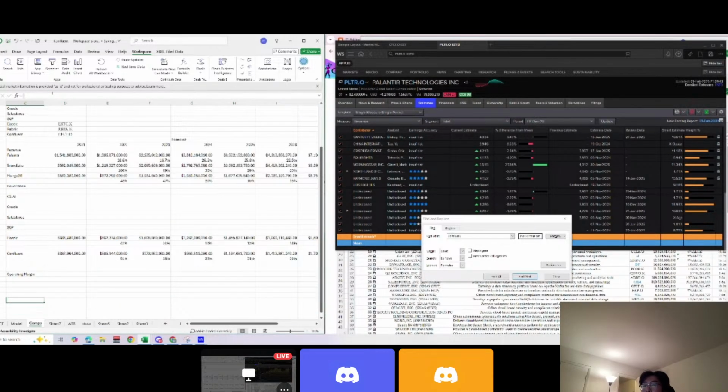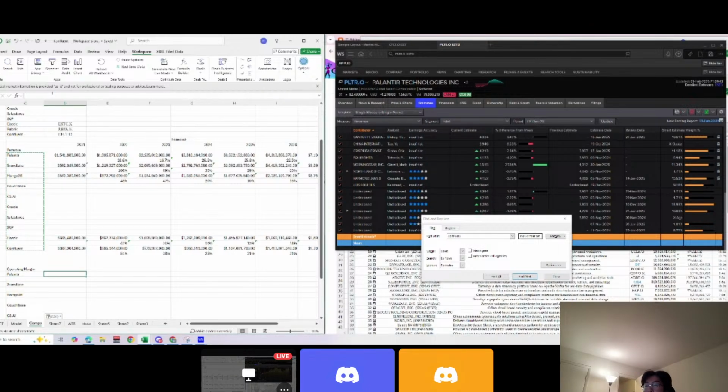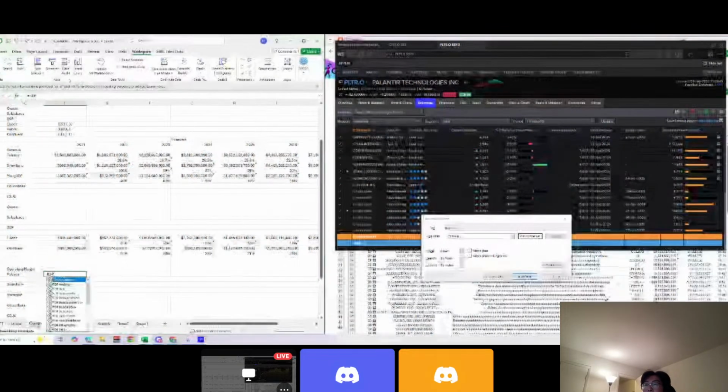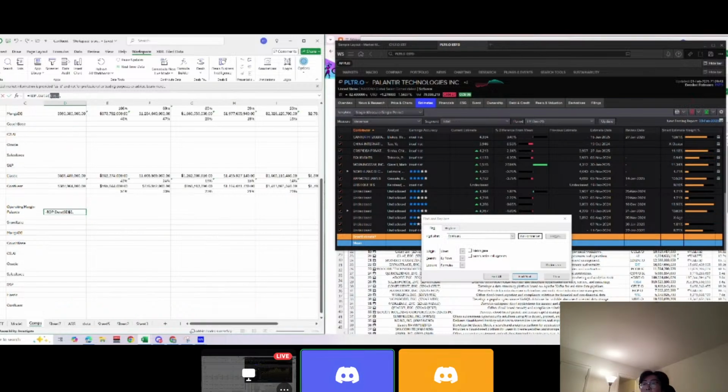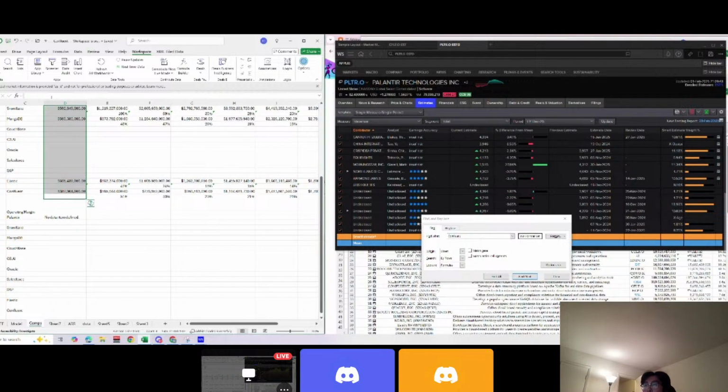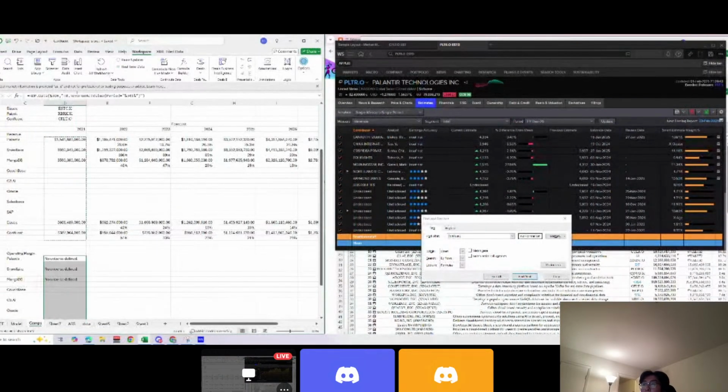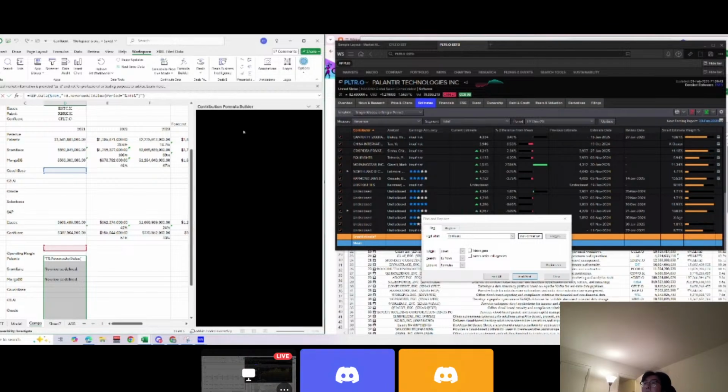Okay. Operating margin. It's RDP. Data. I guess actually what we might be able to do is just copy this. Just formula builder. Okay.